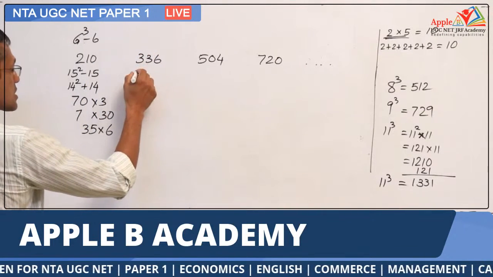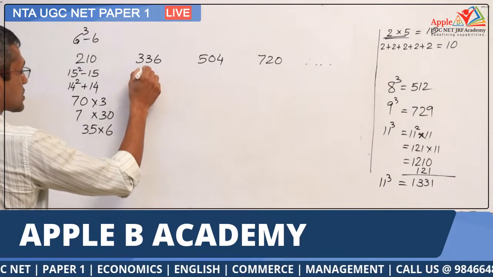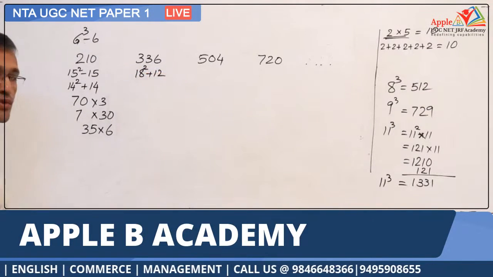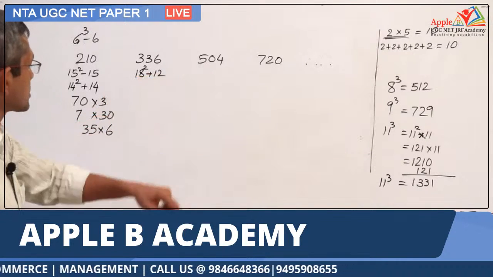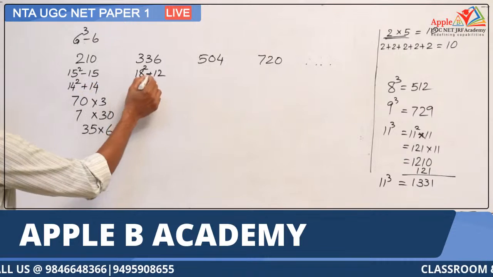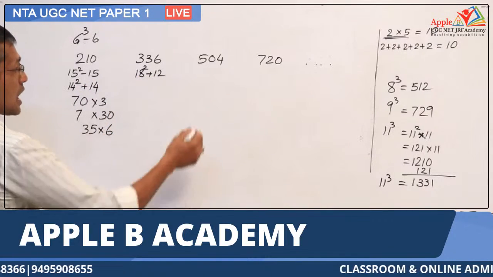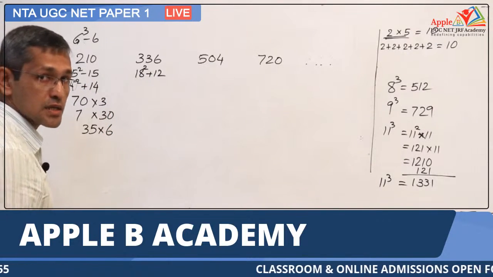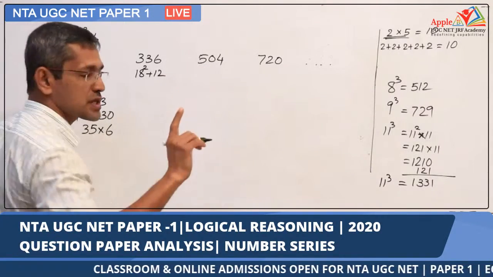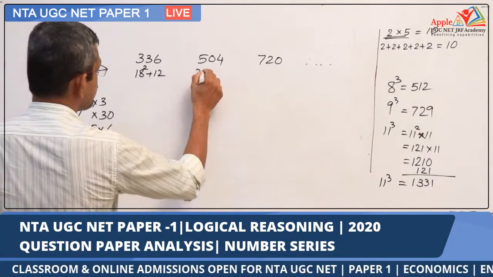Anyhow, ultimately, look at the other numbers as well. 336: the nearest square is 18 square. 18 square is 324, and 324 plus 12 is 336. So this is 15 square minus 15, and this is 18 square plus 12. Next one, 504. The nearest square is 529, so that's 23 square.